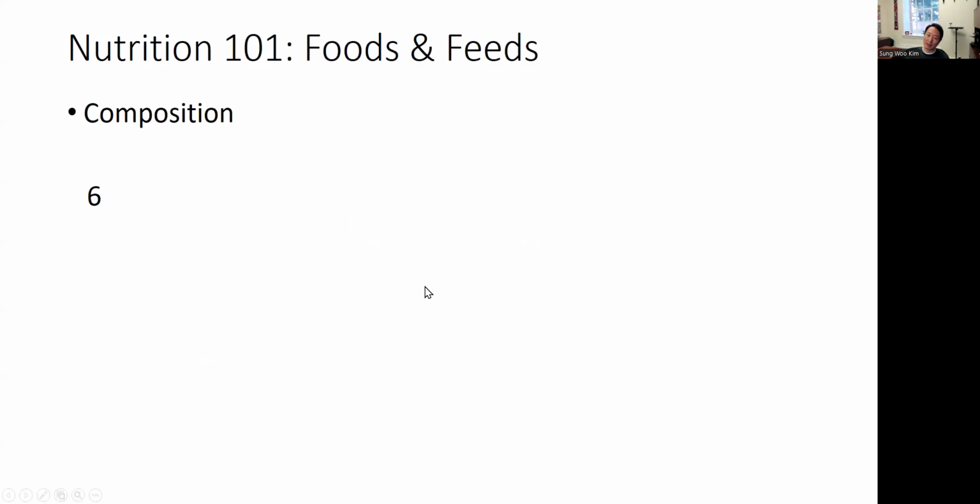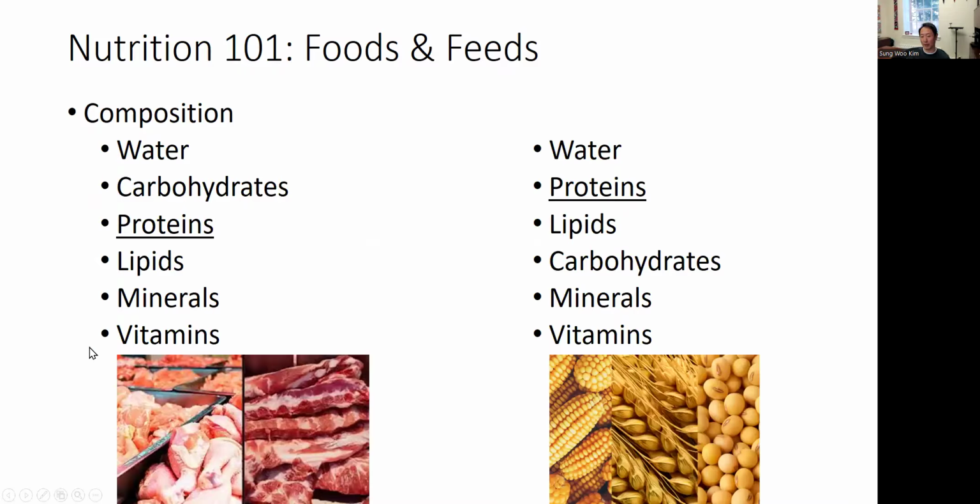If we talk about the composition of nutrients in the food and feed that animals ingest, right? What are those nutrients? We talk about animal-derived foods and feeds like meats, same as our own body: water, carbohydrates, protein, lipids, minerals and vitamins.